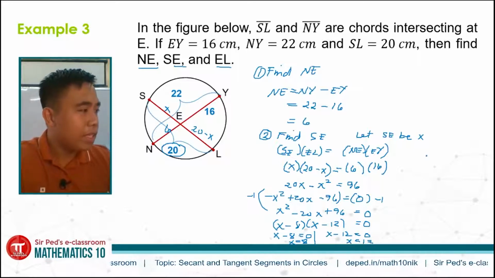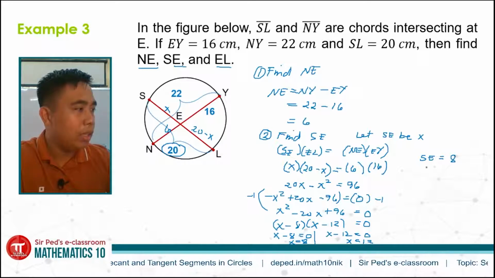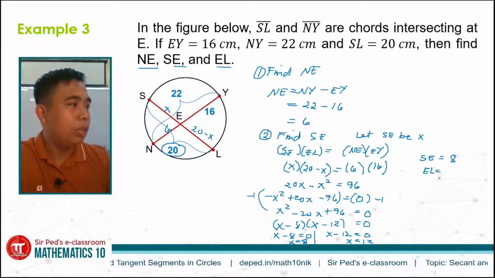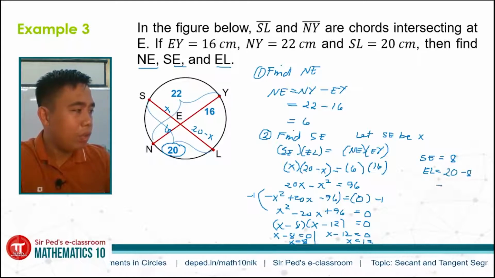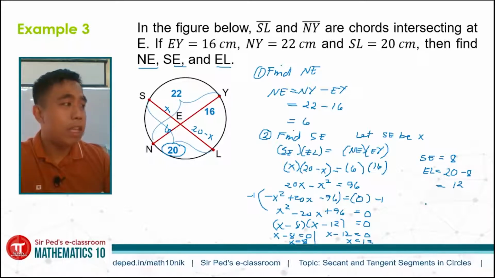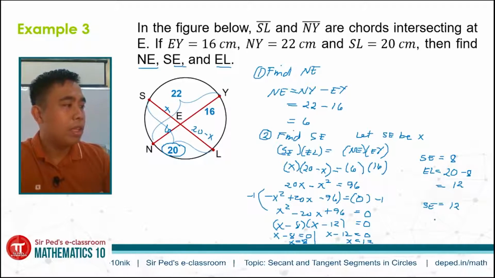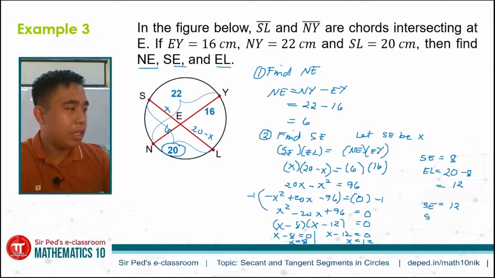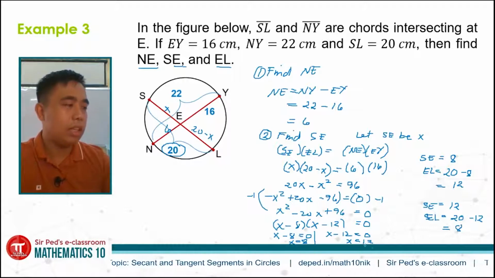So, if SE is equal to 8, then EL will be equal to 20 minus 8, which is equal to 12. But if SE ay equal to 12, then EL is equal to 20 minus 12, which is equal to 8 centimeters.